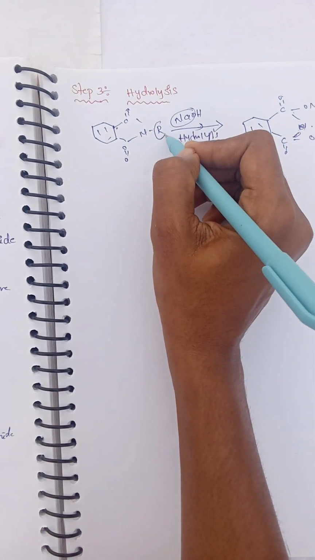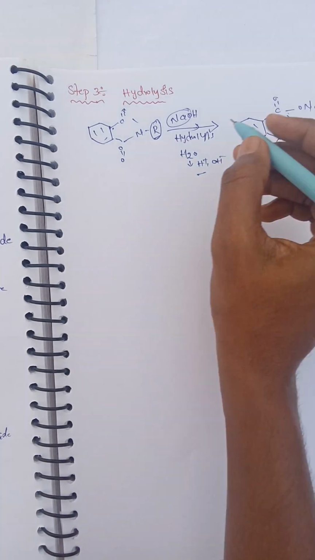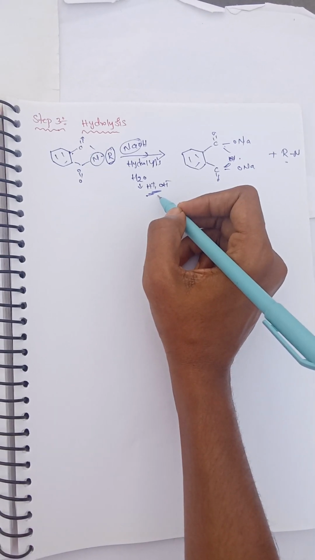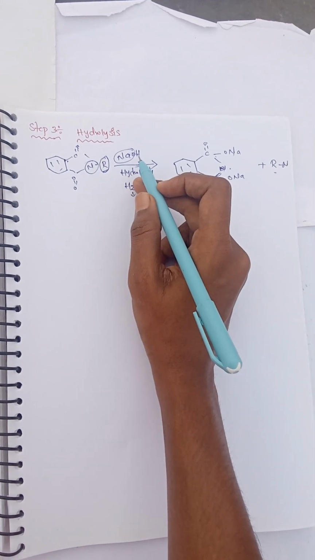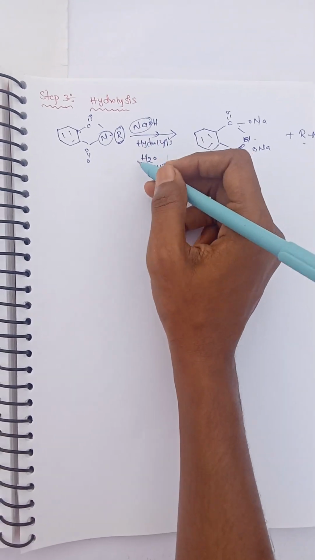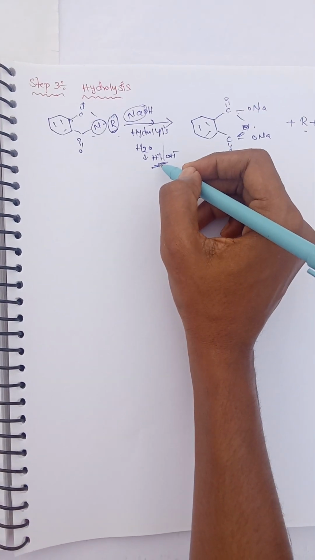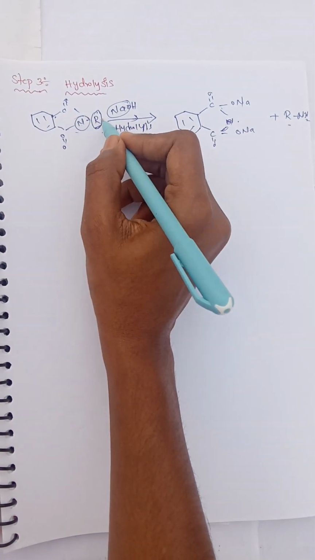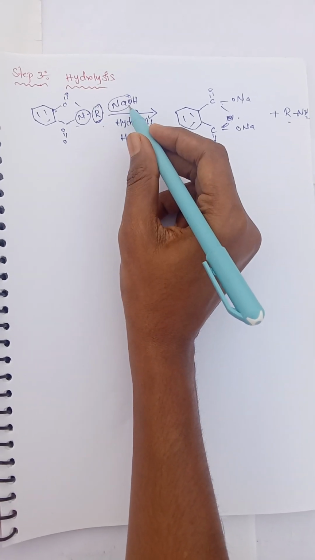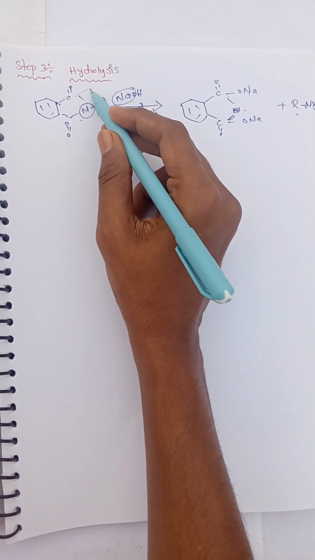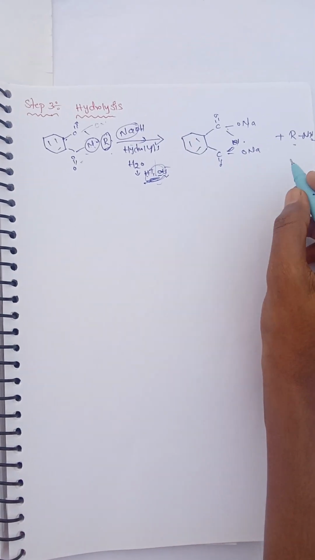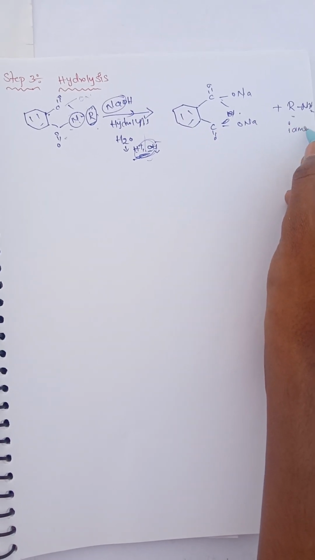And then the primary amine, R, N, H2, is formed. In hydrolysis, H2O is split into H plus and OH minus, one ONa on each side.